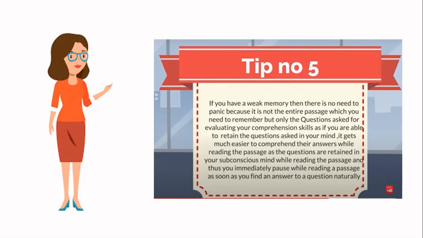And while you're reading this paragraph, after reading the questions, you will automatically find yourself pausing while reading a passage as soon as you find the answer to that question very naturally. So, students, once you read the passage, read the questions and then again read the passage. Okay?